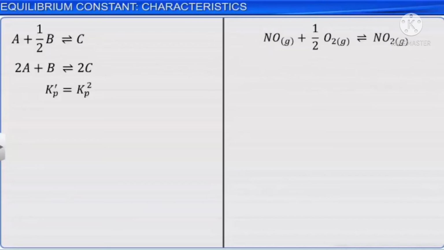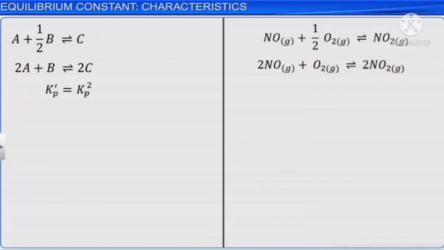The first way of writing it is 1 mole of gaseous nitric oxide and half a mole of gaseous oxygen combining reversibly to form 1 mole of gaseous nitrogen dioxide. The second way of writing it is 2 moles of gaseous nitric oxide and 1 mole of gaseous oxygen combining reversibly to form 2 moles of gaseous nitrogen dioxide.